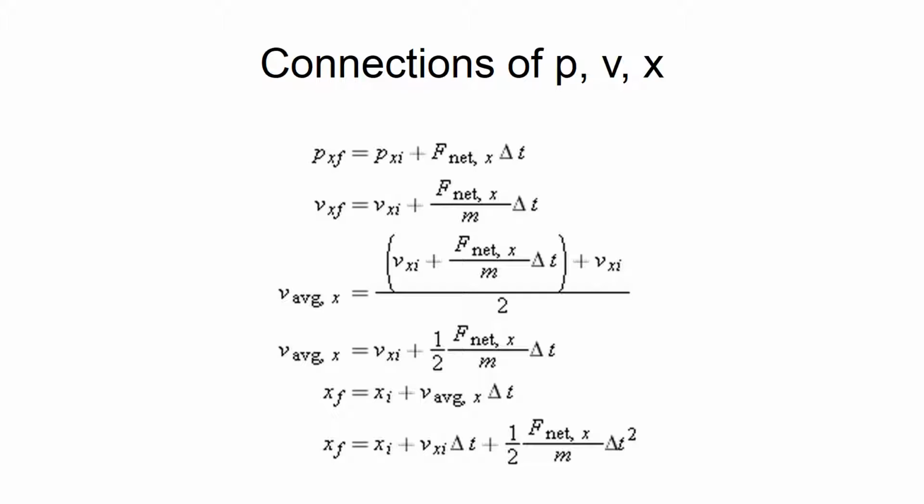There are connections between velocity and momentum, and we can look at the momentum change, and we can convert that into a velocity change by dividing by the mass in every term.